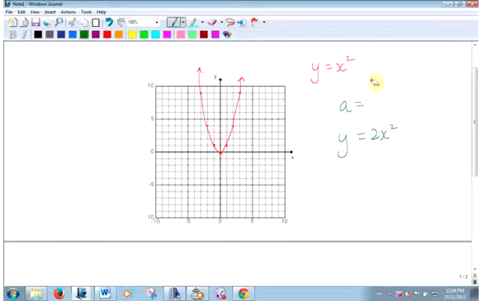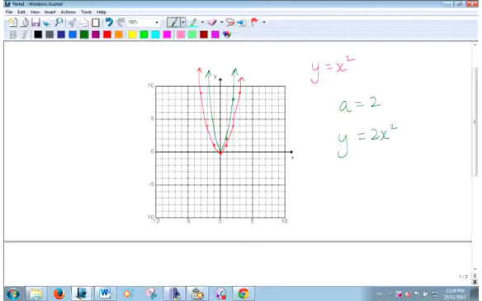Every y value is twice what it used to be. It's skinnier. It's not 1 now, what's twice 1? It's 2. It's not 4, it's 8. Everything's twice what it used to be. That's what that guy looks like, roughly, on the other side. It's expanded is the word.